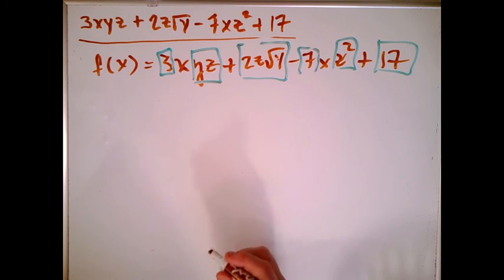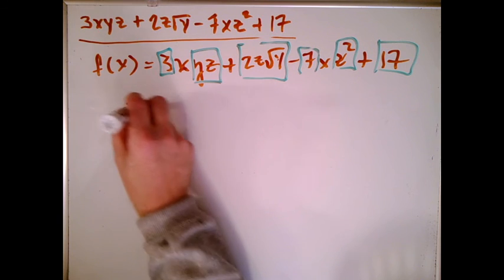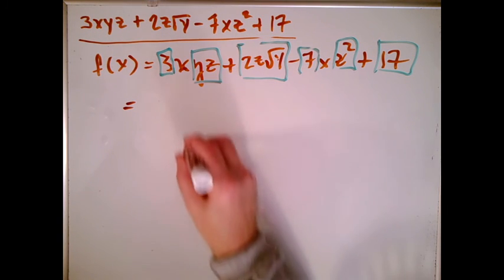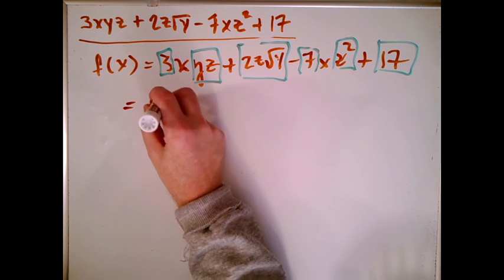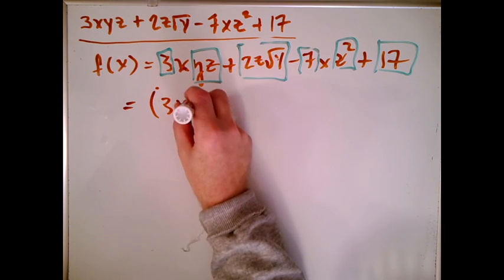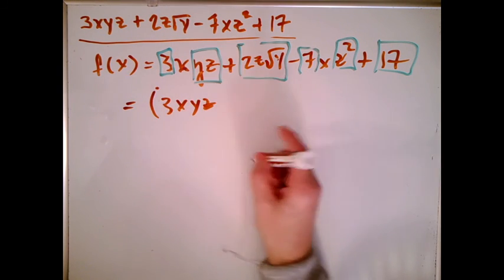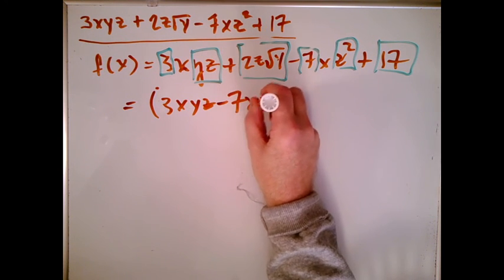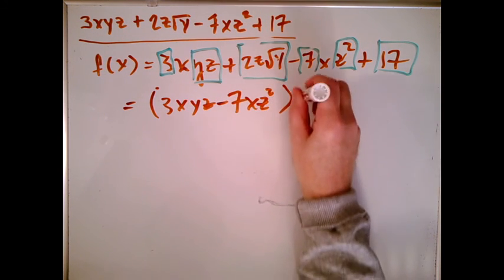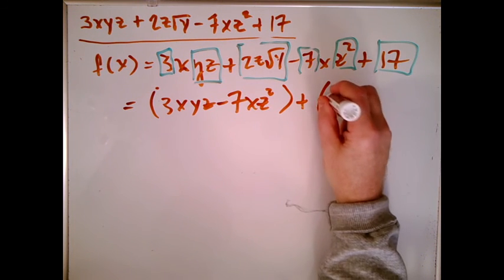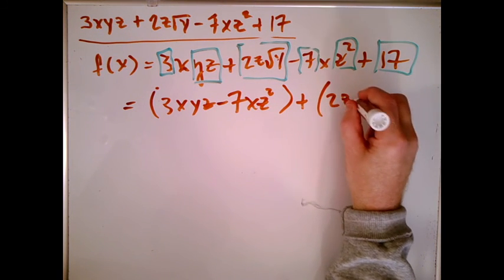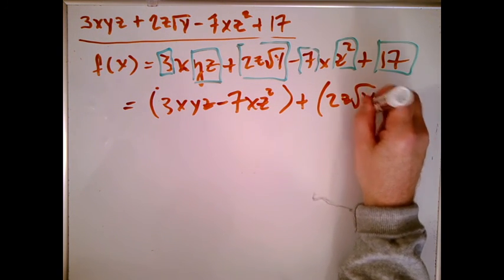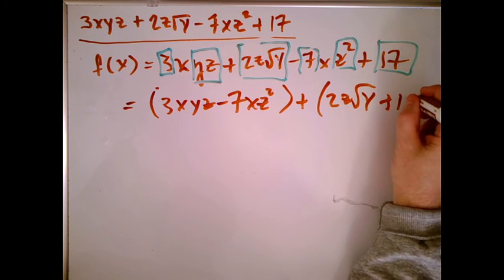And the way we would see this is, let's group these things that have x's together. So I'm going to have the 3x yz. Another thing that has x in it is minus 7x z squared. And then I have the things that don't have x's in it. That's 2z square root y plus 17.